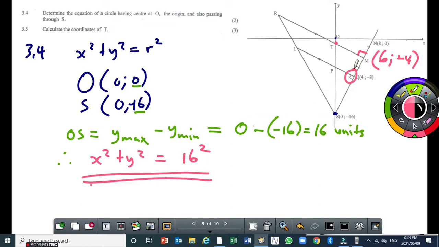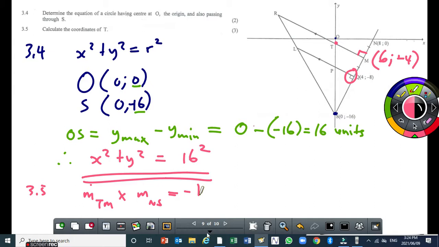So what we can do for 3.5 is say that m_TM times m_NS will give you minus 1. We got the gradient for NS as 2.